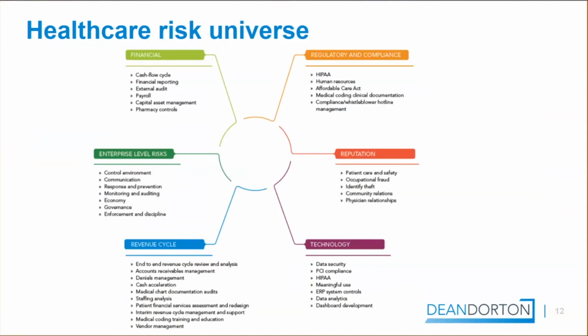But you'll notice under the enterprise level risks on this little pinwheel that we have, some of the bullet points down here, we just have a bullet point for economy. And I think the past year has forced us to look at that at a much broader level and put more attention in that area.